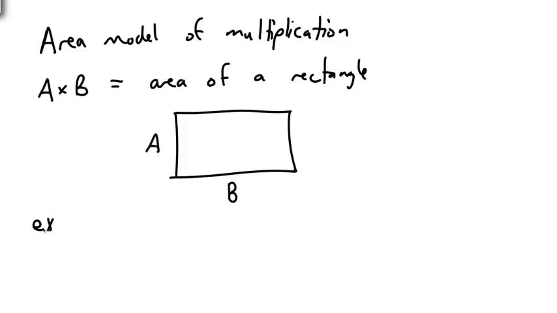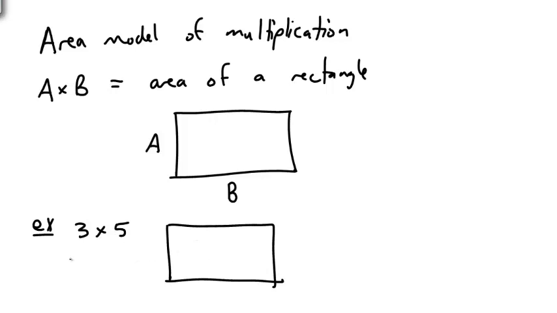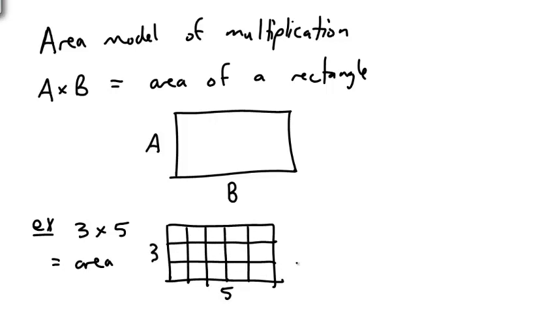For example, if you want to do 3 times 5, well, it doesn't matter which one becomes the base. That is the area of a 3 by 5 rectangle. And you can count. There's 15 squares. 1, 2, 3.